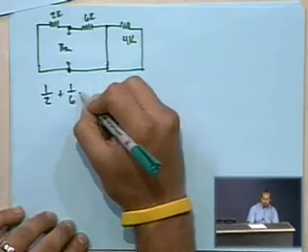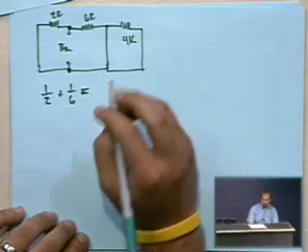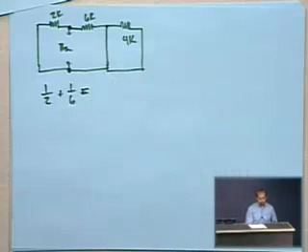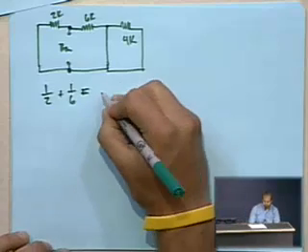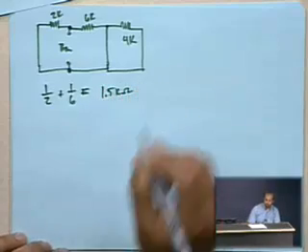So to find the equivalent resistance, we combine them reciprocally: 1 over 2 plus 1 over 6. Flip that, we get 1.5 kiloohms.